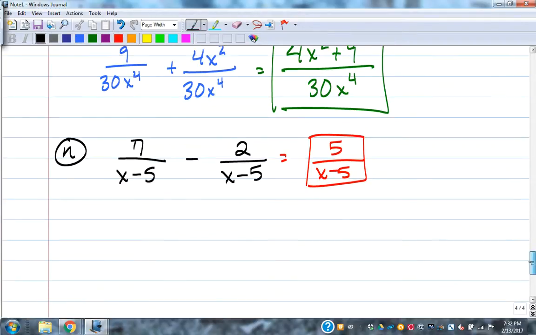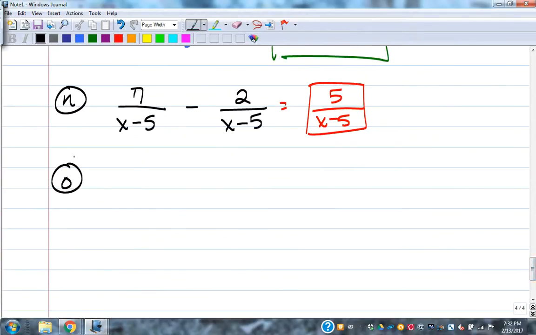Okay. Now, let's get to one where we have to do a little work. This one, they're a little bit sneaky when they do this to you, because the denominators are almost the same, but they're not. What's the difference in the two denominators?